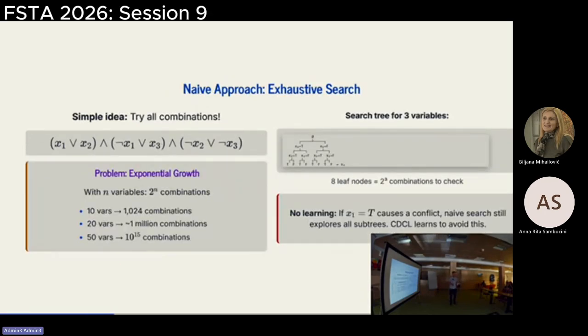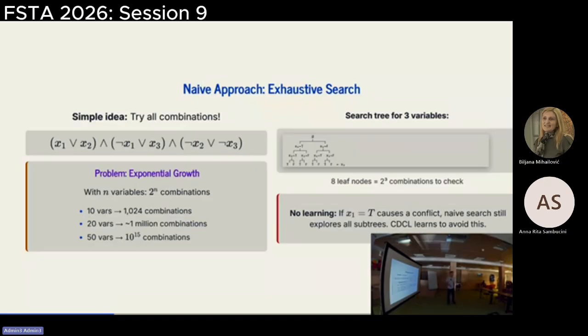The naive approach to solve SAT is just to brute force all the combinations, but it is not a good idea because there is the problem with exponential growth.